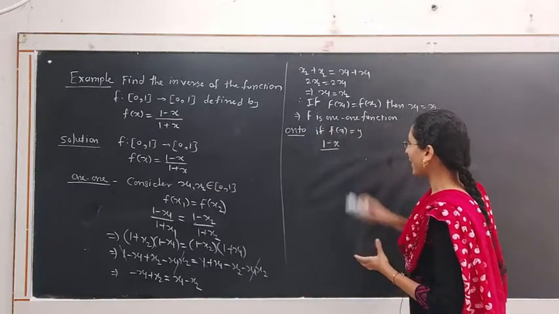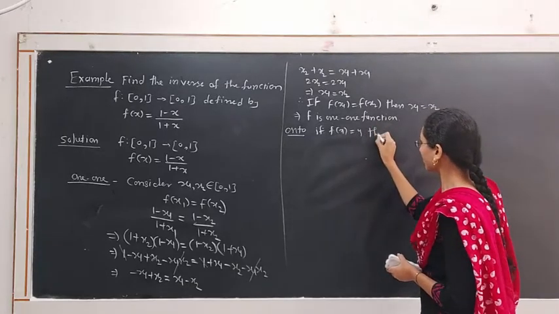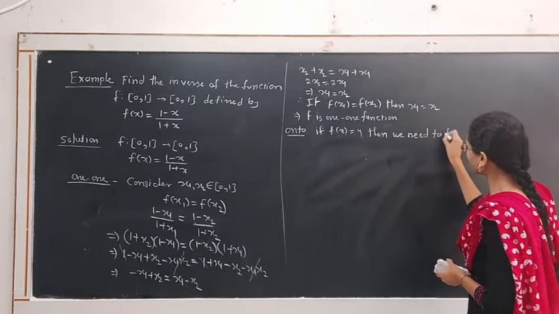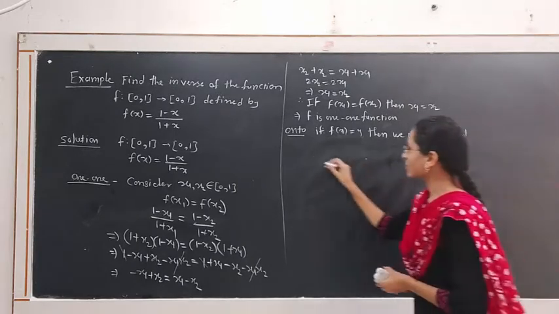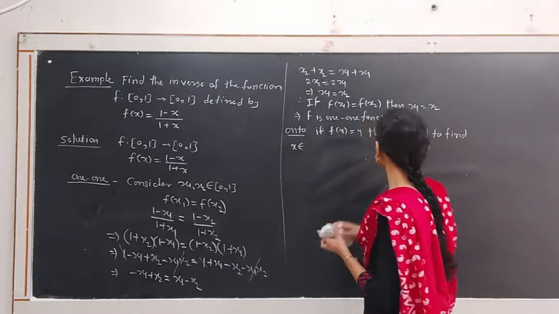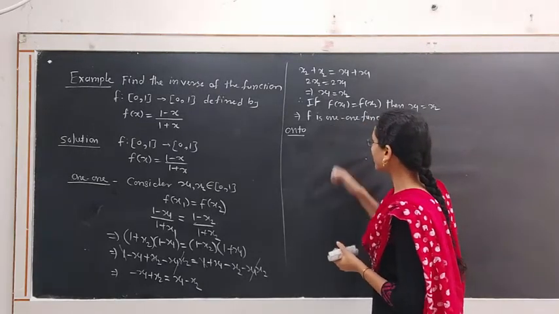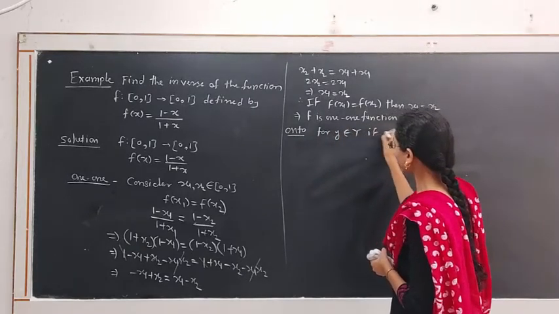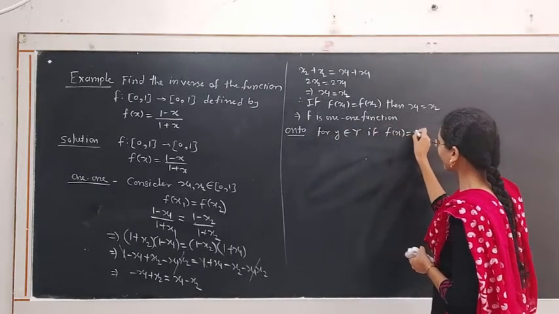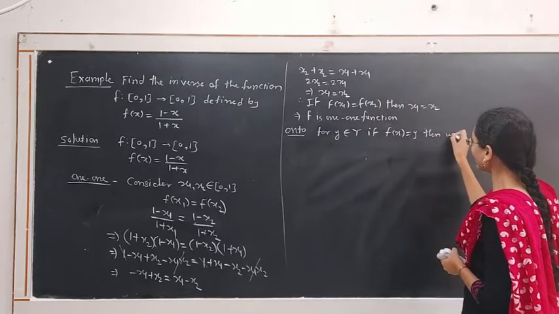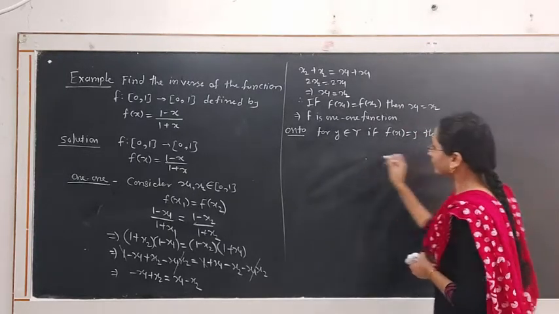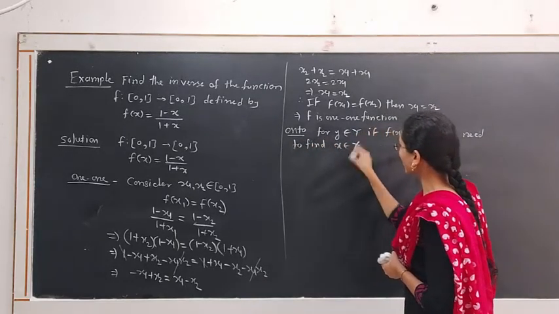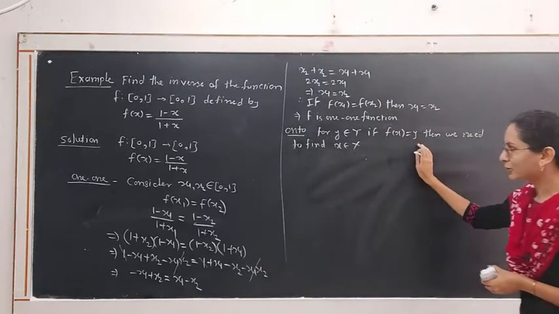If f of x is equal to y, then we need to find x belonging to X. Or in other words, for y belonging to Y, if f of x is equal to y, then we need to find x belonging to X for which f of x is equal to y.